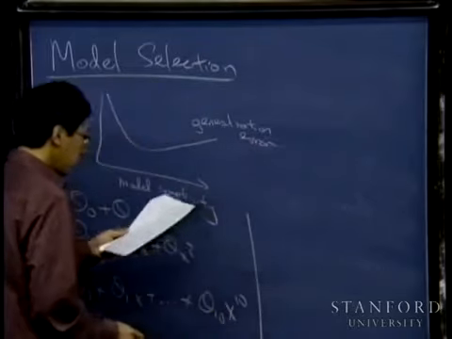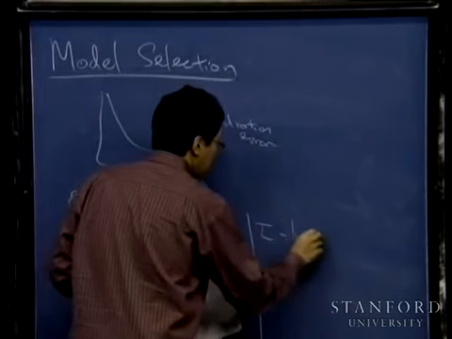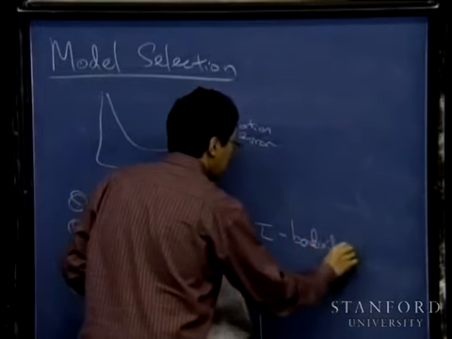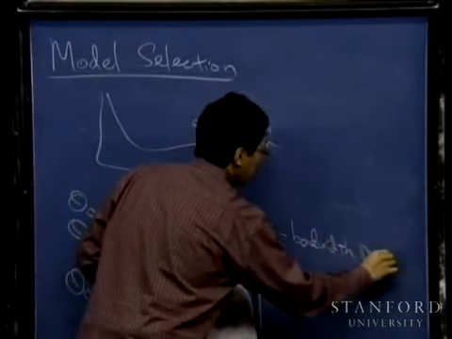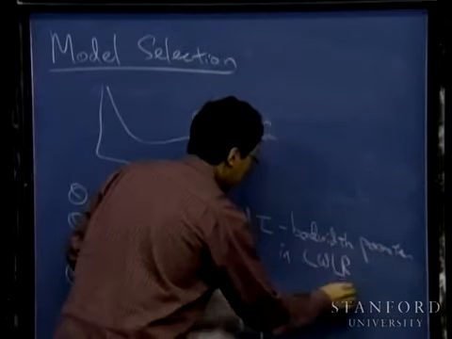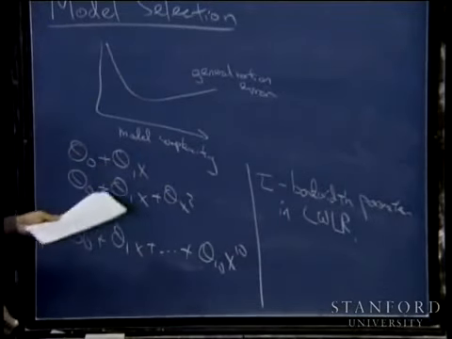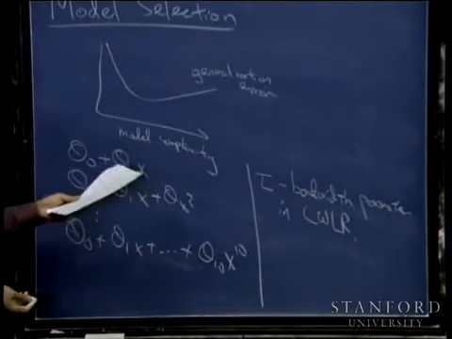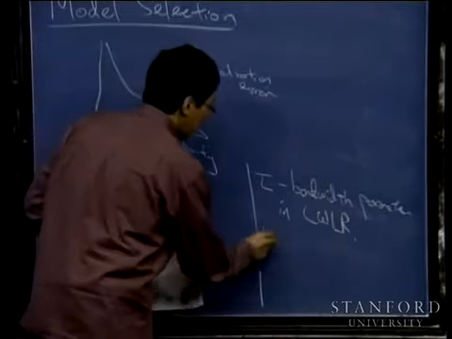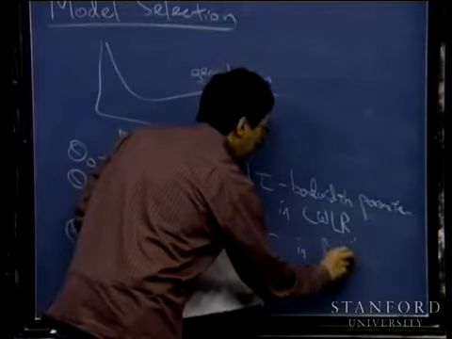Another example would be choosing the parameter tau, the bandwidth parameter in locally weighted linear regression. Yet another model selection problem is choosing the parameter c in an SVM.